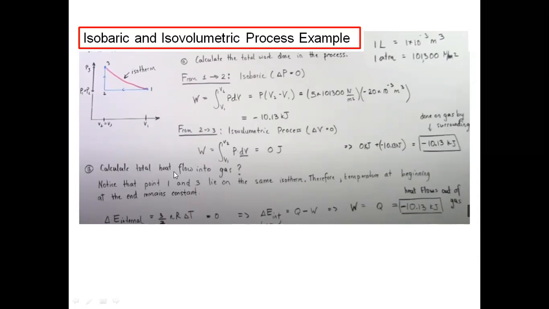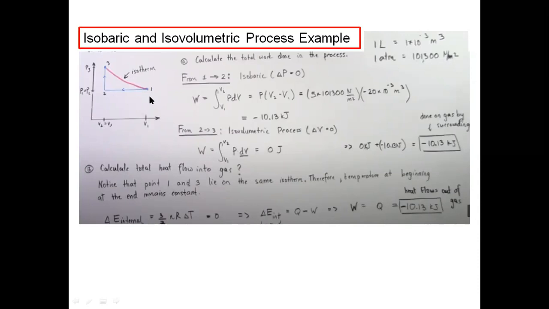Okay, calculate the total heat flow into the gas. Note that points 1 and 3 lie on the same isotherm, therefore the temperature at the beginning and at the end remains constant.